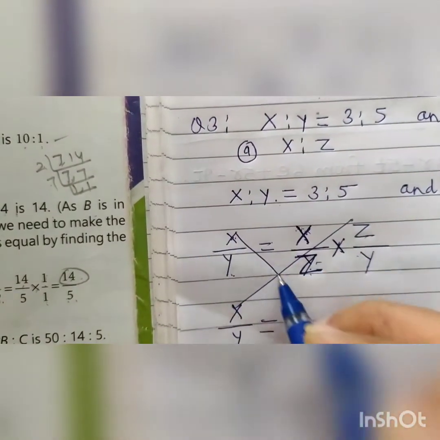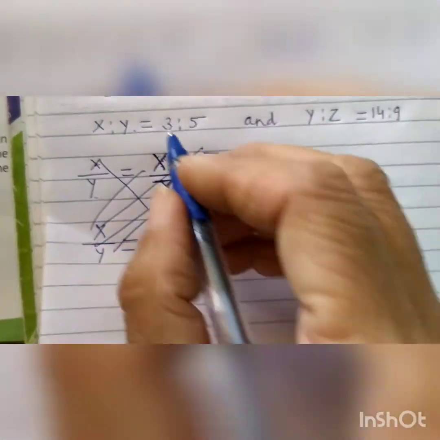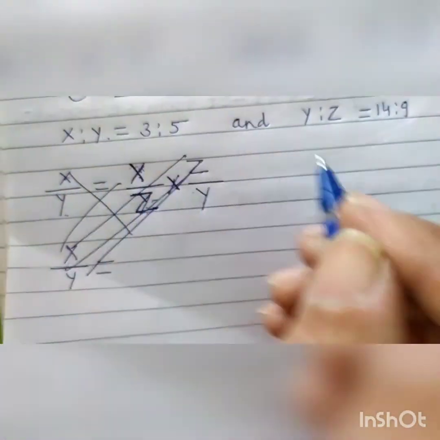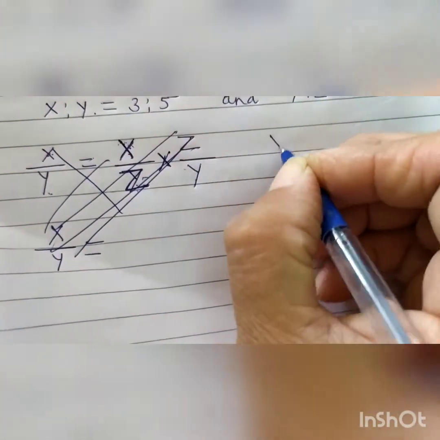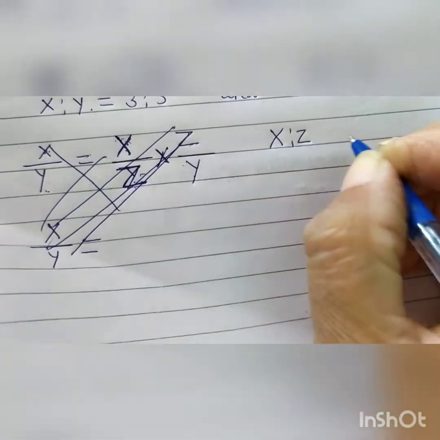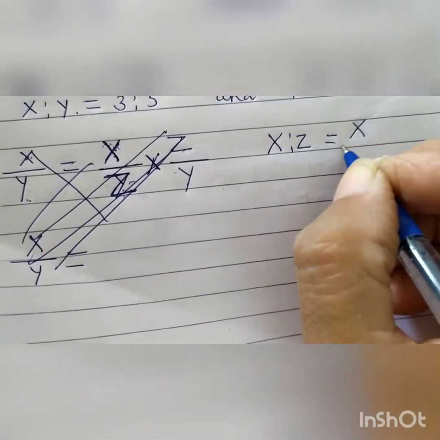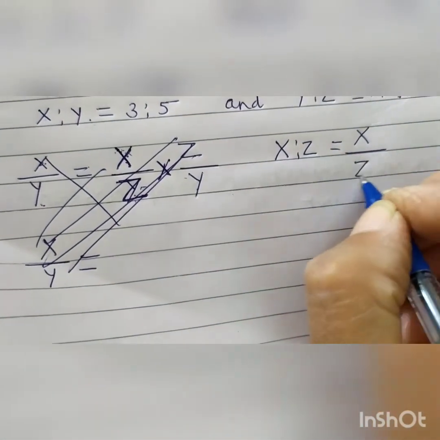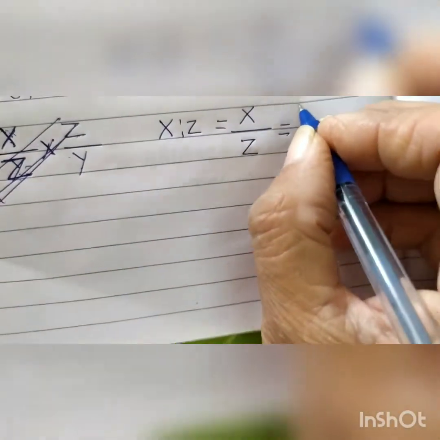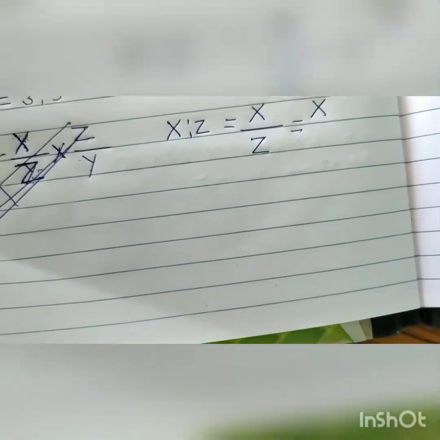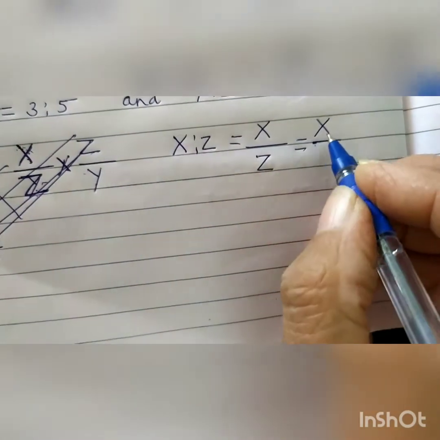Sorry students, we have to find the value of x ratio z. So we will write x ratio z is equal to x upon z. Now we will multiply and divide it by y.